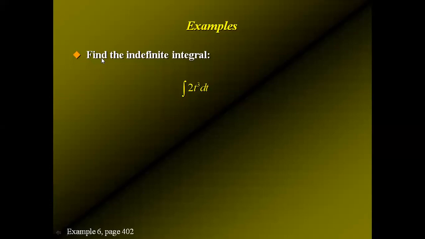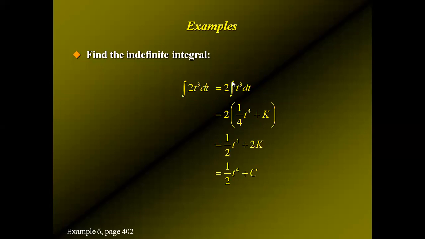Suppose for an example, find the indefinite integral of 2 times t cube dt. That means this 2 is the constant, so it can be written as 2 times integration of t cube dt. We just have to separate the constant.